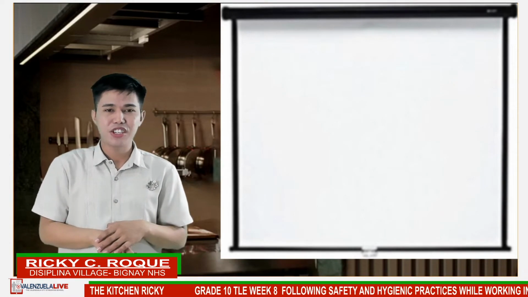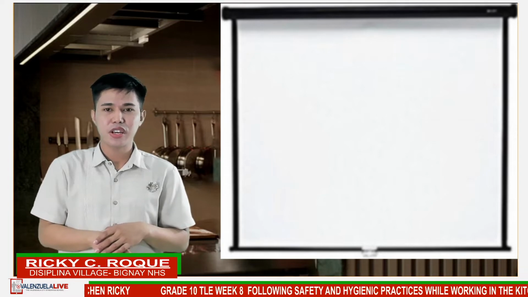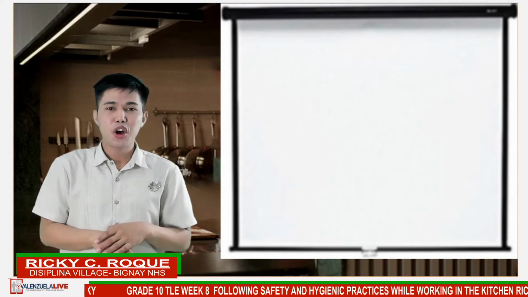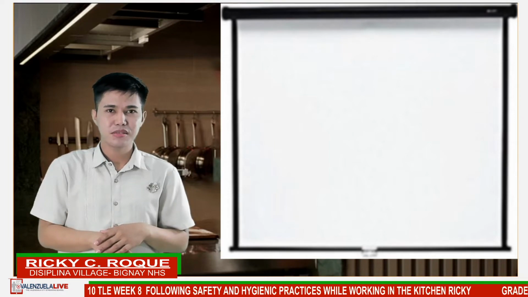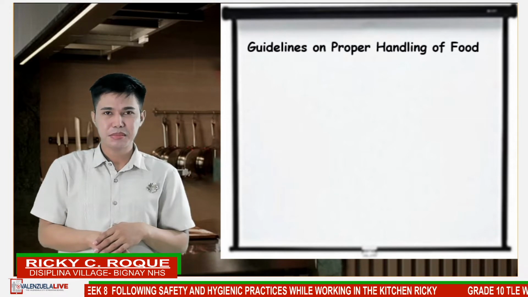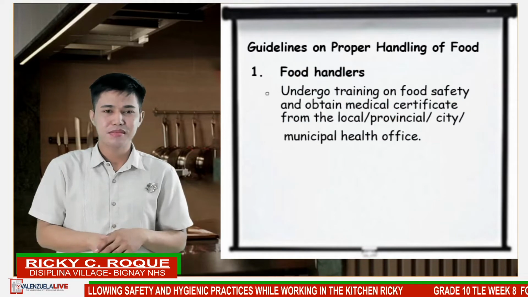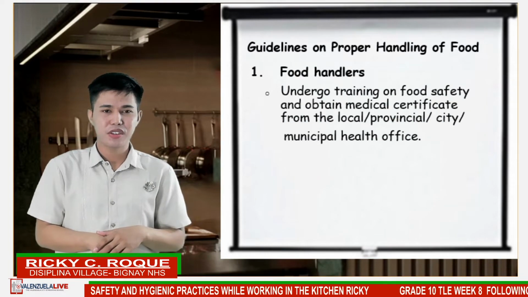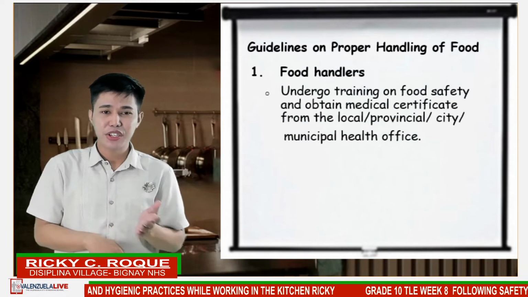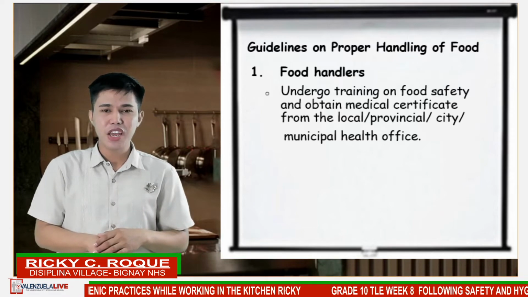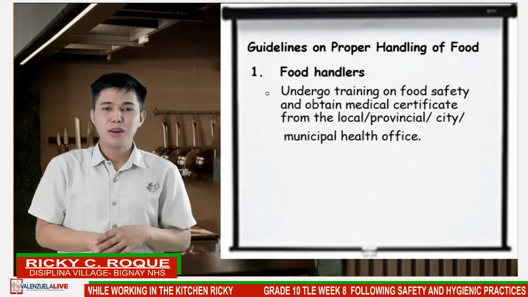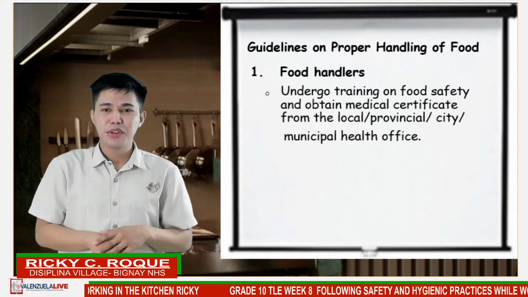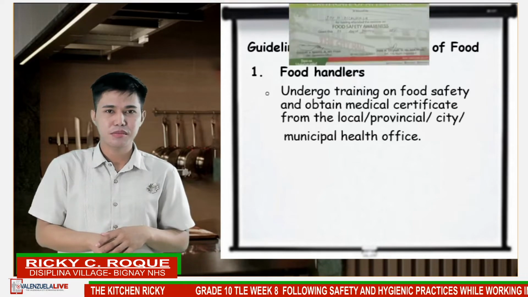To avoid infectious diseases inside the kitchen, here are the guidelines on proper handling of food. Number 1, the food handlers. The food handlers must undergo training on food safety and obtain a medical certificate from the local, provincial, city, or municipal health office.